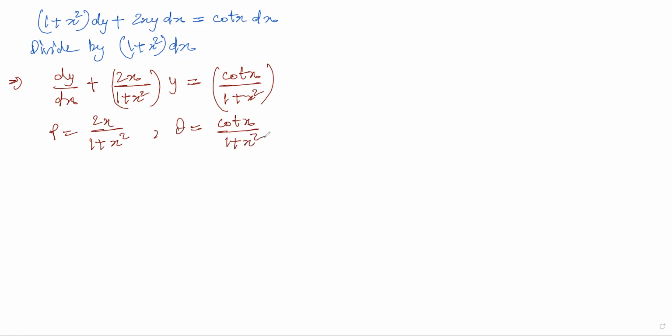We have to find out the integrating factor first. Integrating factor is e to the power integral of p dx. Now you know the integration of p dx. In this case, this is very direct. What is the value of integrating factor? 1 plus x square. 1 plus x square, very good.